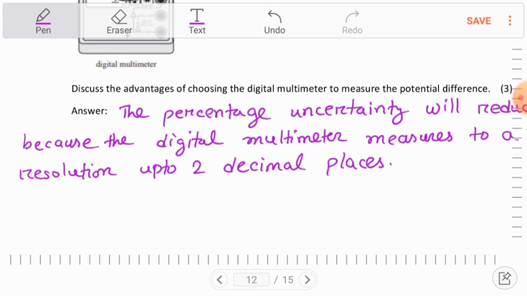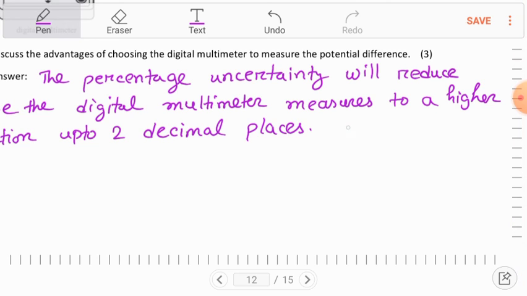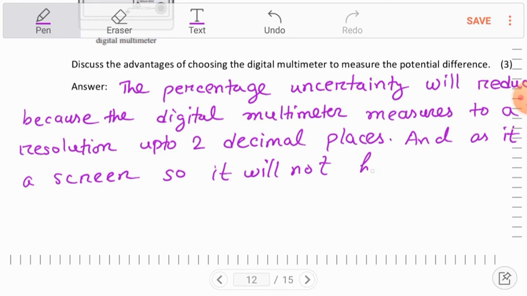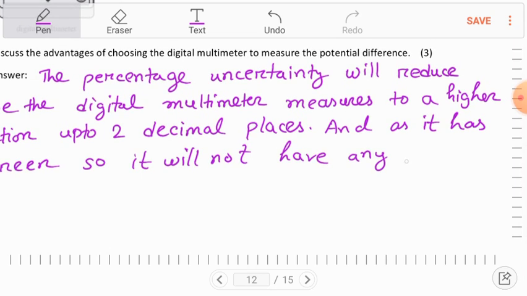And as it has a digital screen, it will not have any parallax error. So we need to write that down: as it has a screen, it will not have any parallax error.